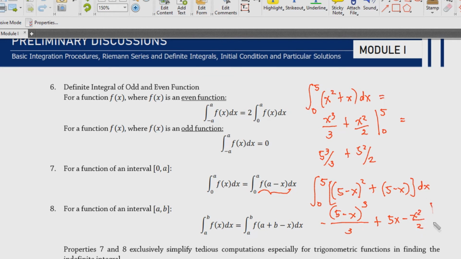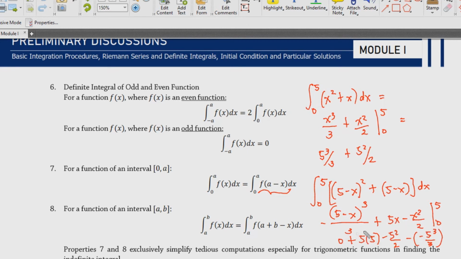Okay, integrated from 0 to 5. Okay, so if we substitute 5 here, this becomes 0. So that is 0 plus 5 times 5, and then minus 5 squared over 2. Now, if this is 0, this 2 becomes 0, but this one is actually minus negative 5 cubed over 3. Okay, so that's it for this case.